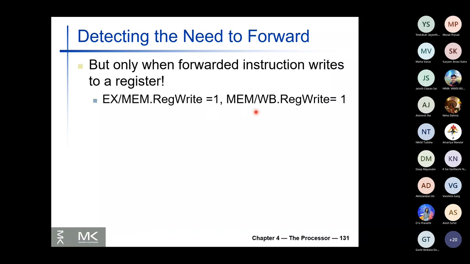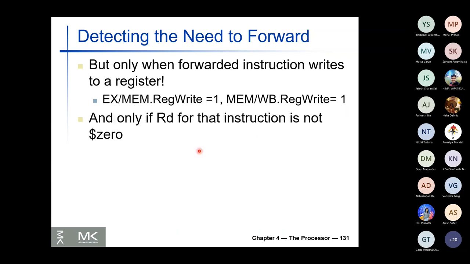Either it is a load instruction, which is going to write here, or it is an arithmetic instruction, which is going to write here. So this register write bit, which is the control bit, should be 1, in order to safeguard this kind of forwarding operation, and make sure that the register destination is not $0 because that cannot be changed anyway.